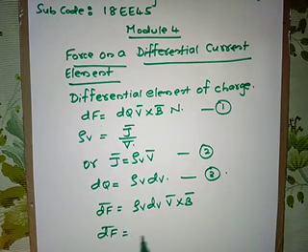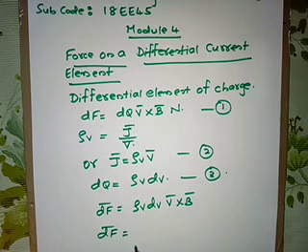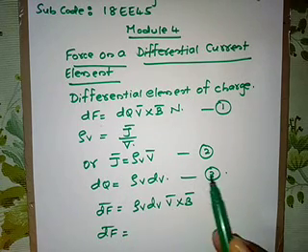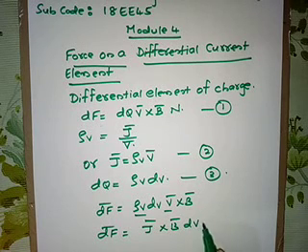Now if we use equation 2, ρv v̄ is J̄, so I will substitute that here: dF̄ = J̄ × B̄ dv.